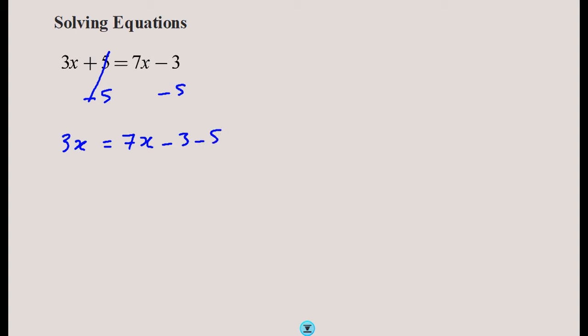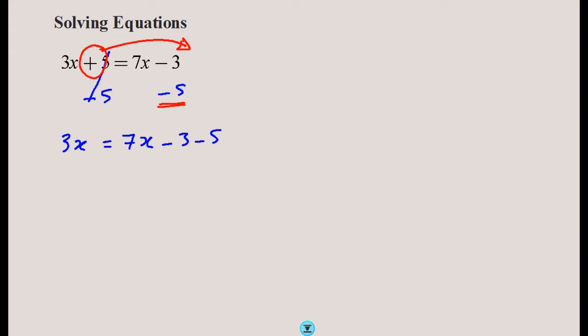So it is as if this plus 5 was moved to this side, but it came as a minus 5. So this is the shortcut that hides this concept behind it. So we don't need to do all of this work.